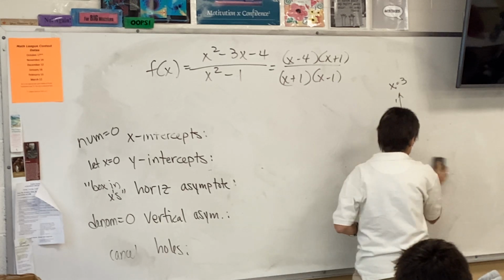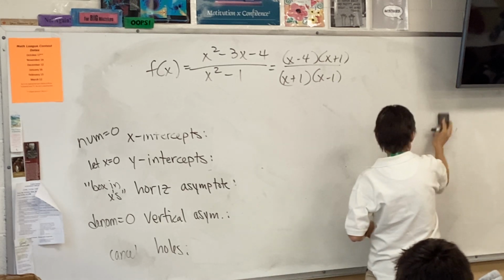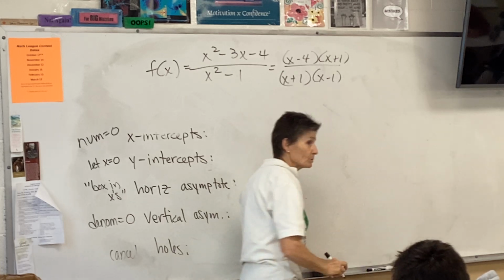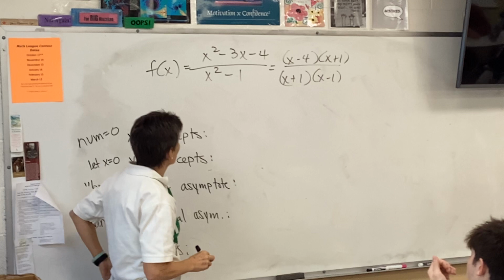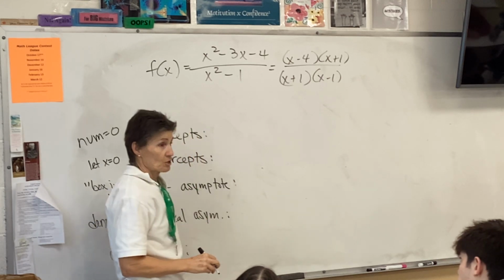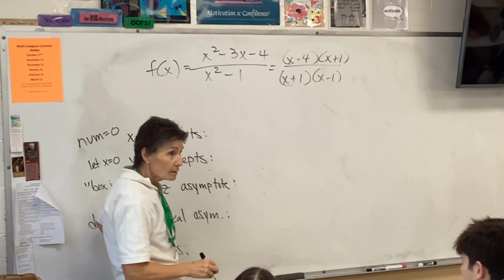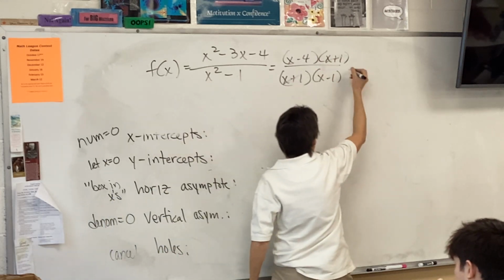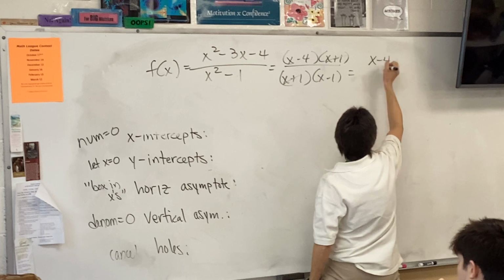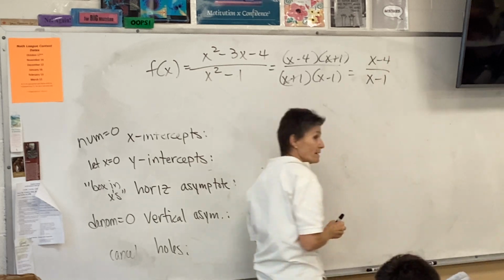Because if you mess up your factoring, you are up the creek without a paddle, folks. We have to have the factoring right. What do you notice? We're canceling. So we're going to end up with just x minus 4 over x minus 1.